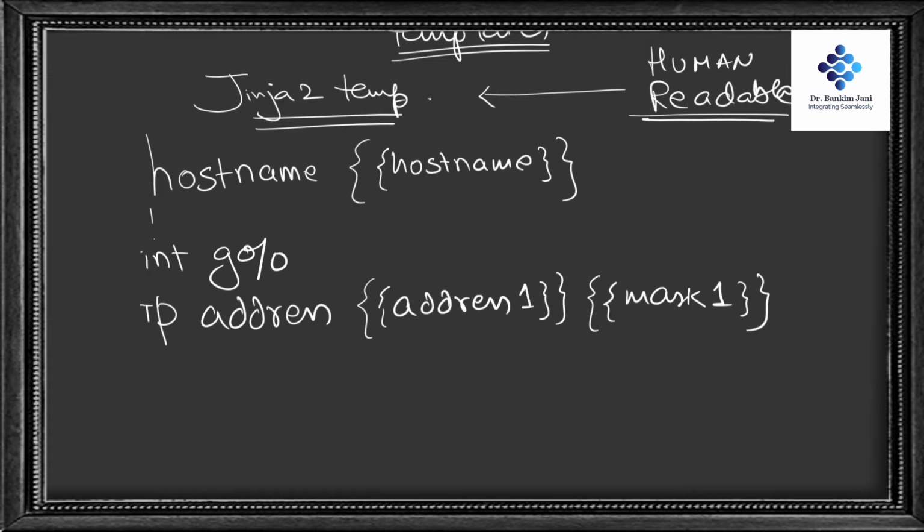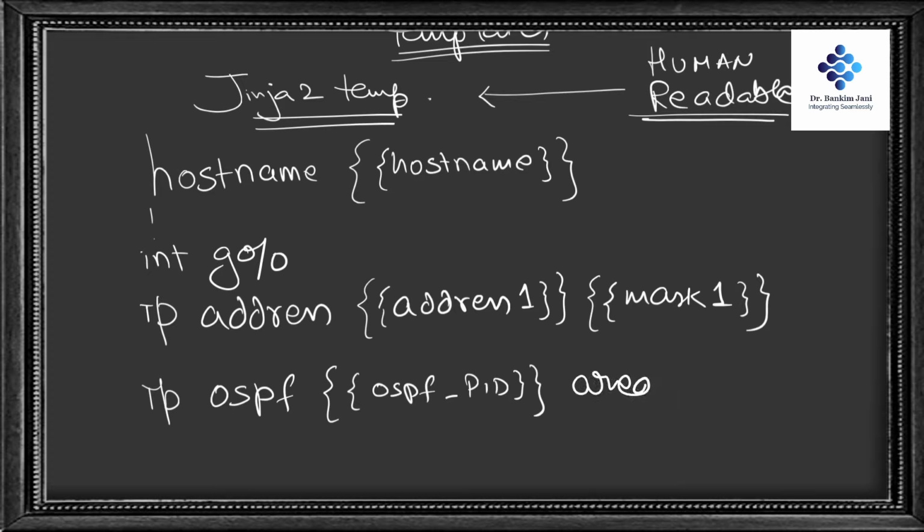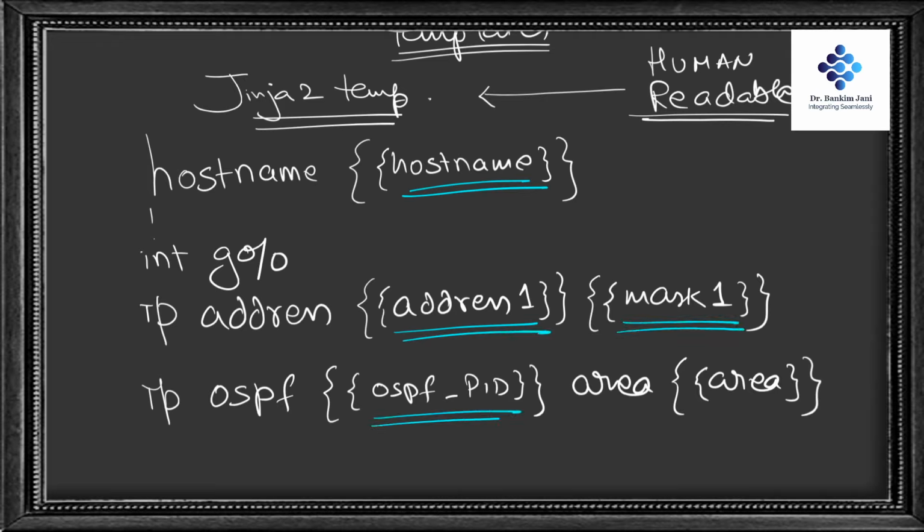Then we say IP OSPF, and we want to give some OSPF ID, primary ID, again in curly brackets, and we say area. So we have hostname, address 1, mask 1, OSPF ID, and the area.